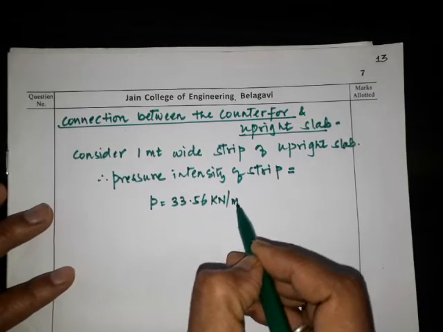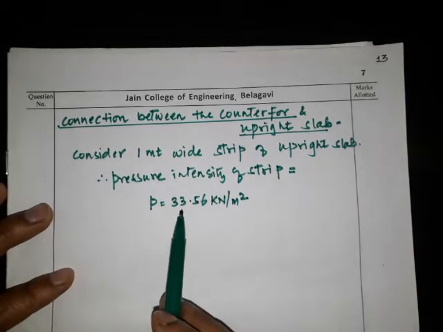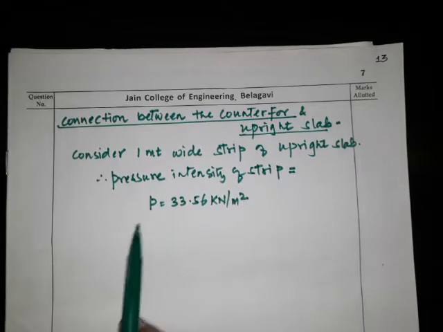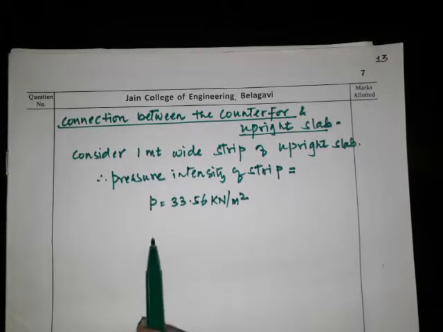This we already calculated. The pressure intensity on that 1 meter strip is 33.56 kilonewton per meter square.